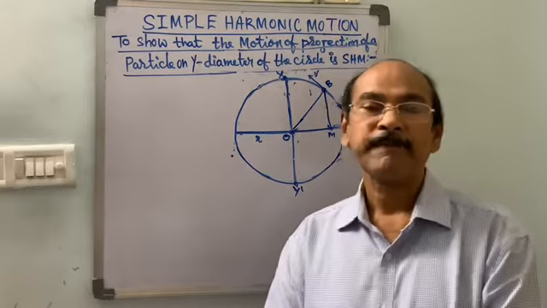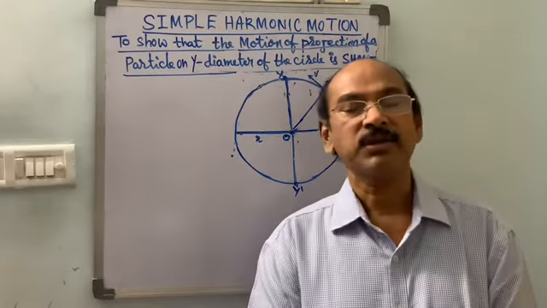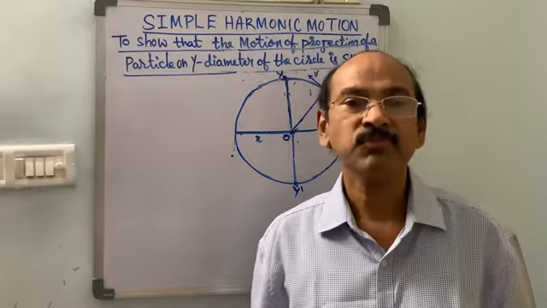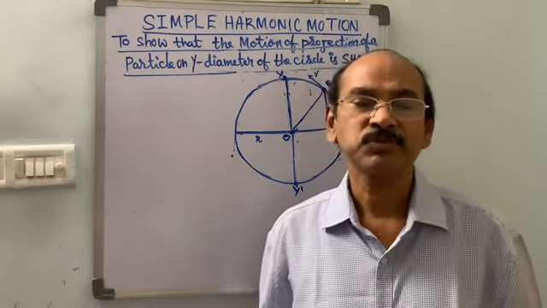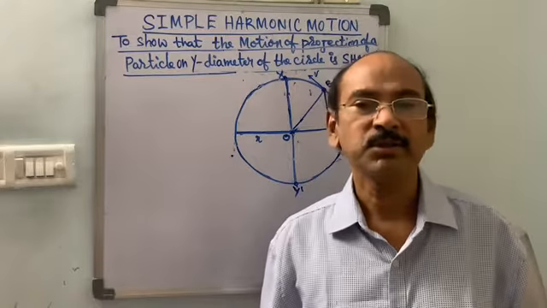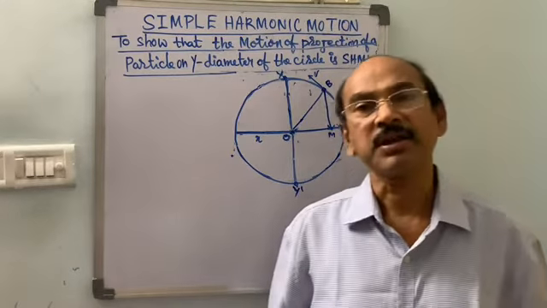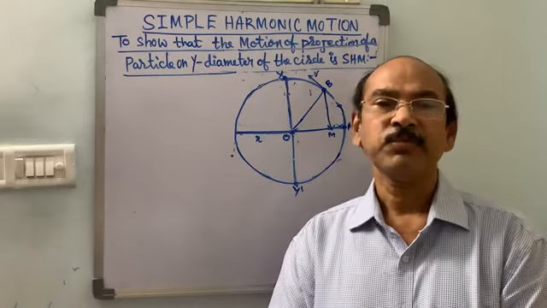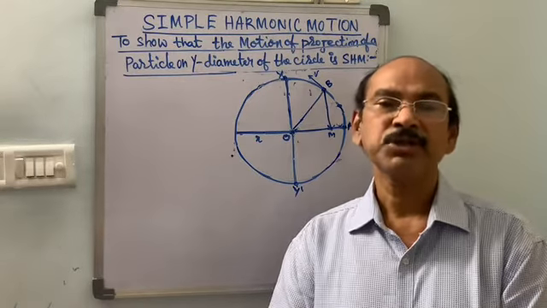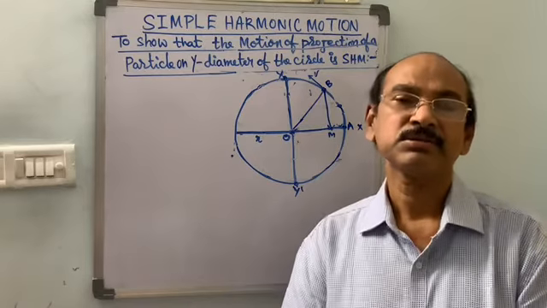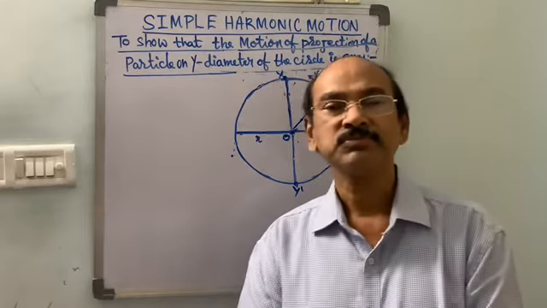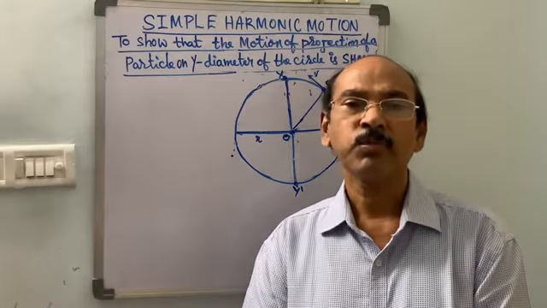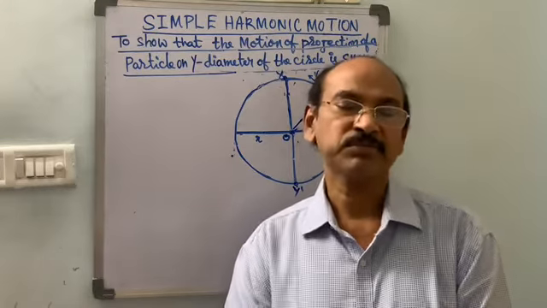Now, again, we shall recap the conditions of SHM. For a motion to be simple harmonic, the body must satisfy certain conditions. First, the motion of the body should be periodic. Second, the body must execute to and fro motion about its mean position.